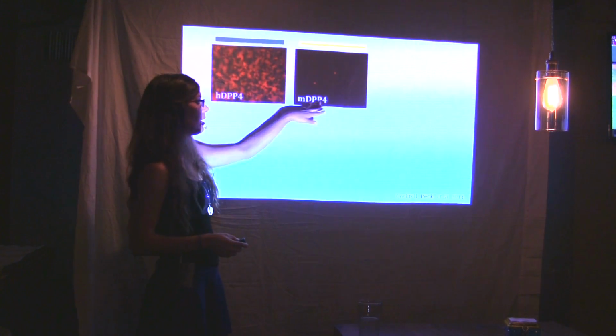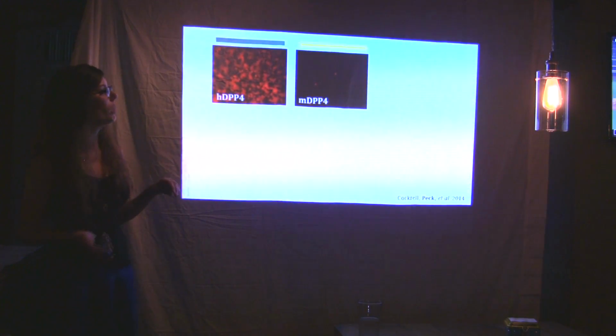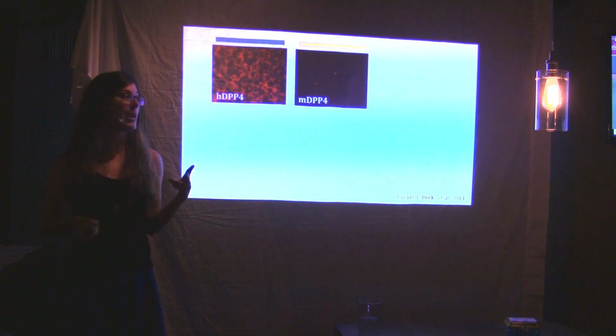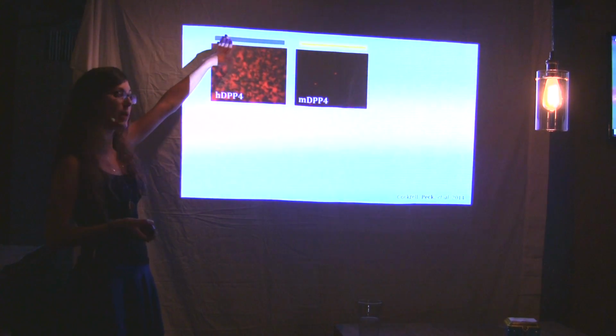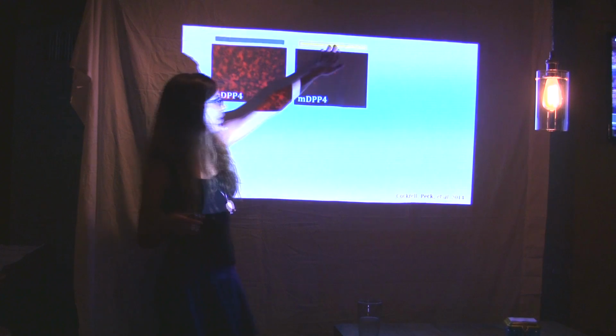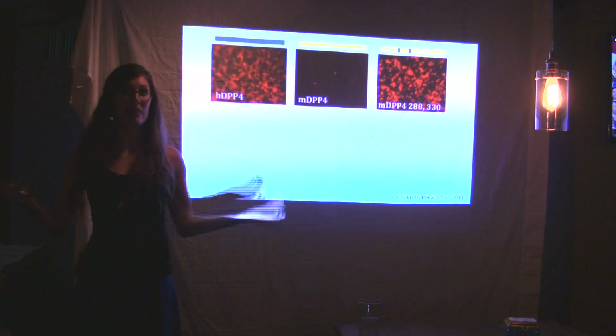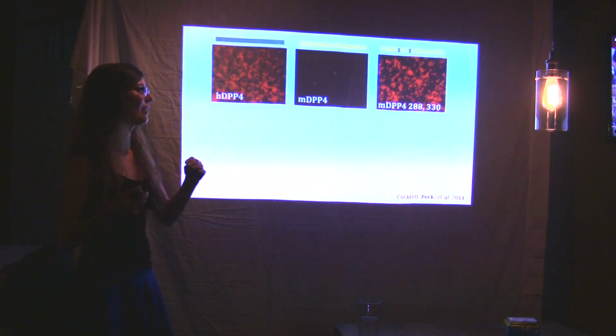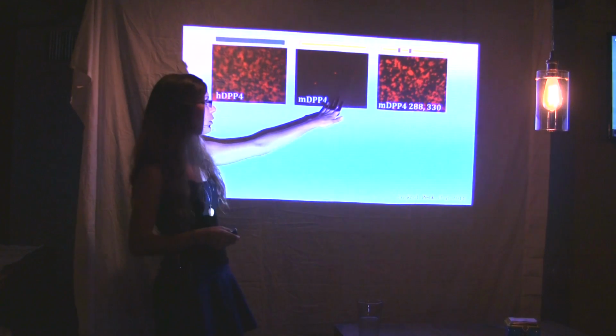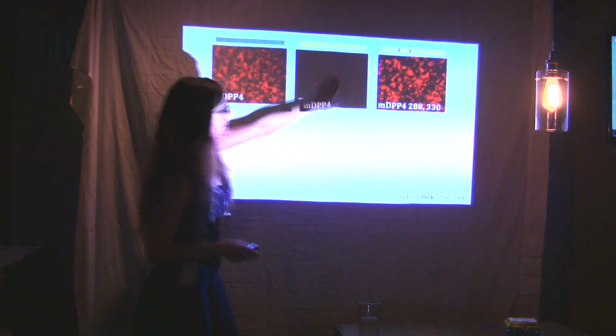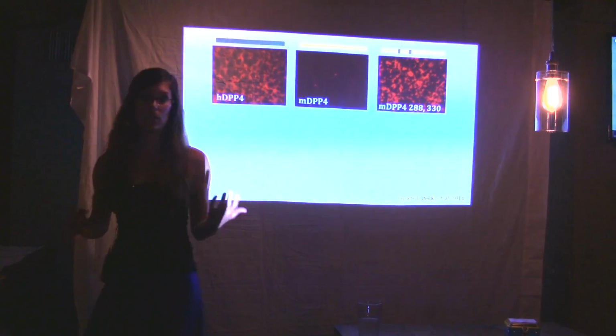With our mouse version, we don't see infection. Now when we take those two changes and introduce them into the backbone of the mouse molecule, we see high levels of infection. Hopefully you can see the red back there. So we took a molecule that couldn't be utilized by MERS, and now we've made a molecule that can be utilized by MERS.